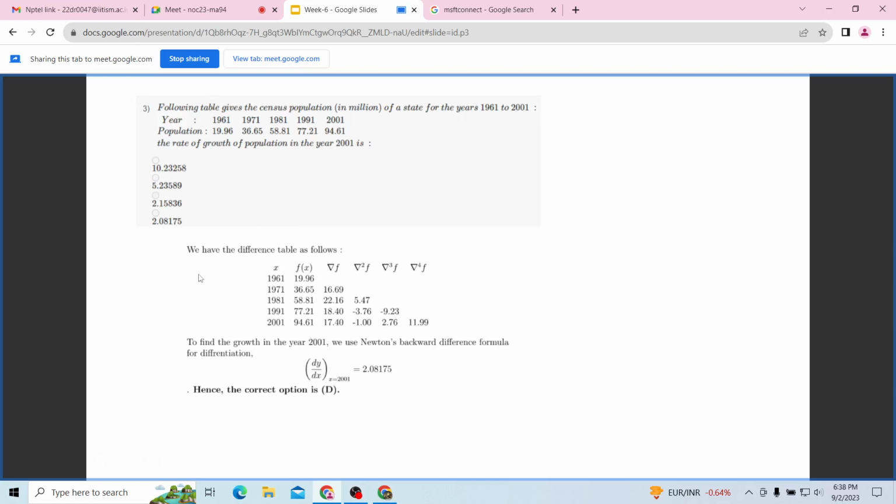For that, first calculate the backward difference table. Arrange the values of x, that is year, and the corresponding population, and calculate the backward differences.